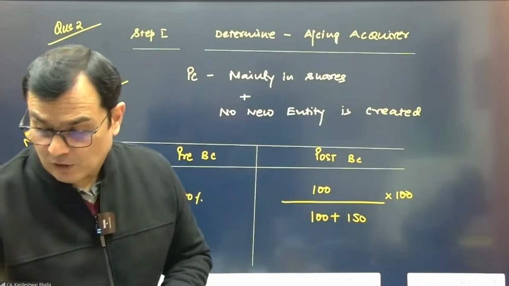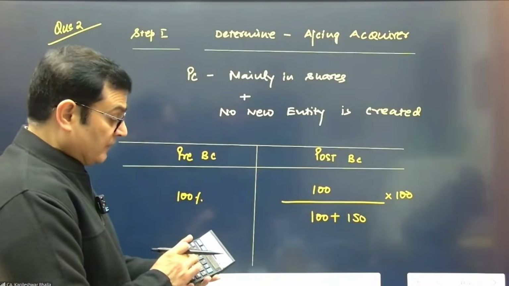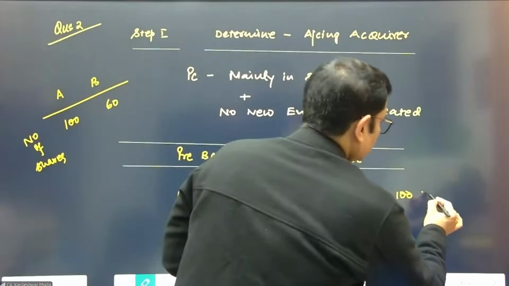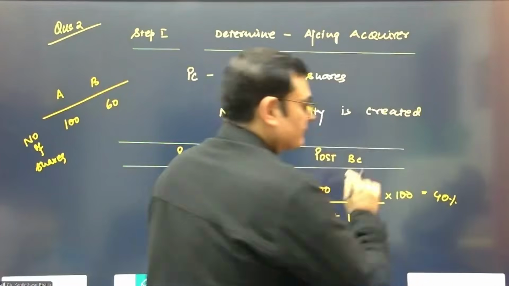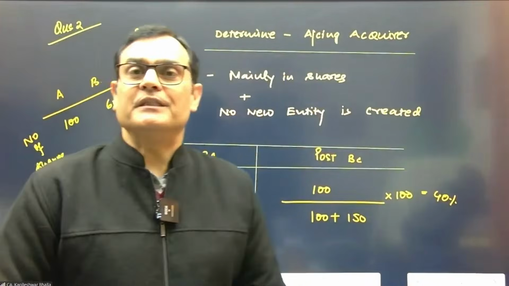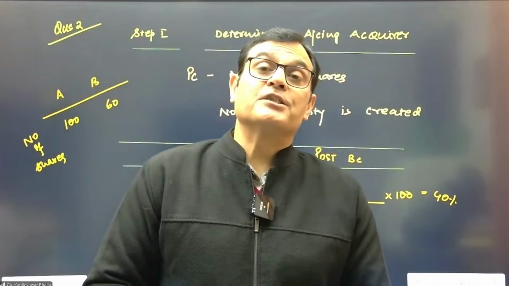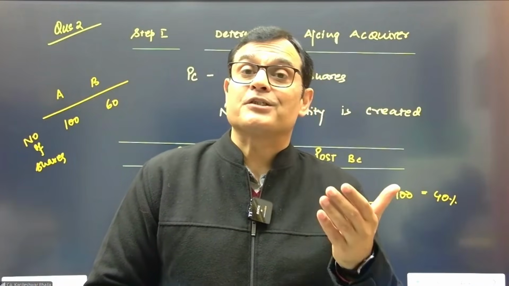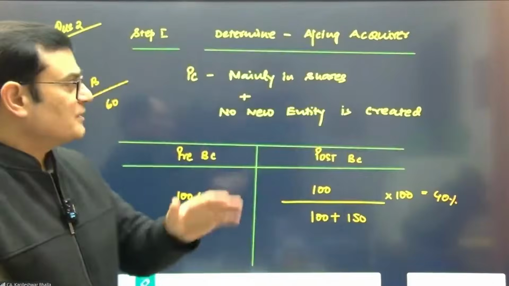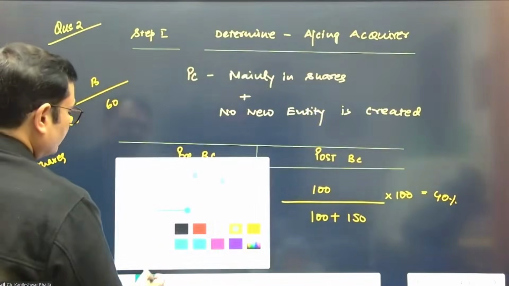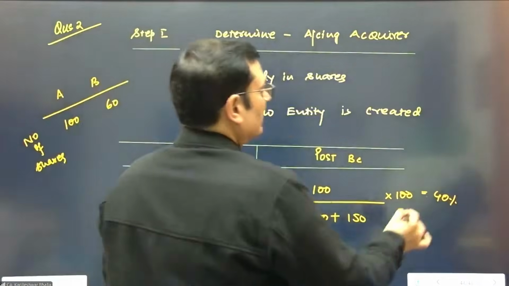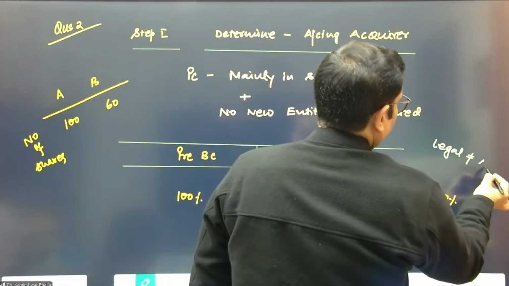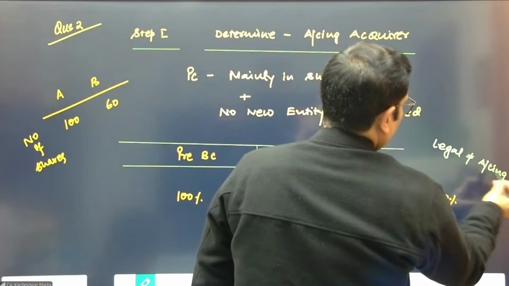The total capital of A becomes 250. Now the shareholders of A have 100 shares out of 250, so this percentage comes to 40%. Can I say that after the issuance of shares, A's control is gone? The percentage is diluted to an extent that his control is gone. So if the control is gone, can we outrightly say that in this case the legal and the accounting acquirer are not the same?